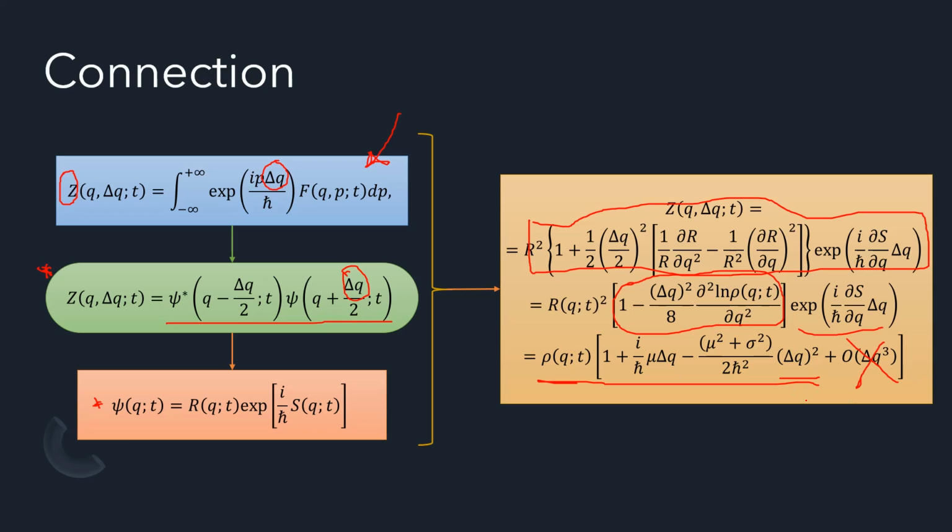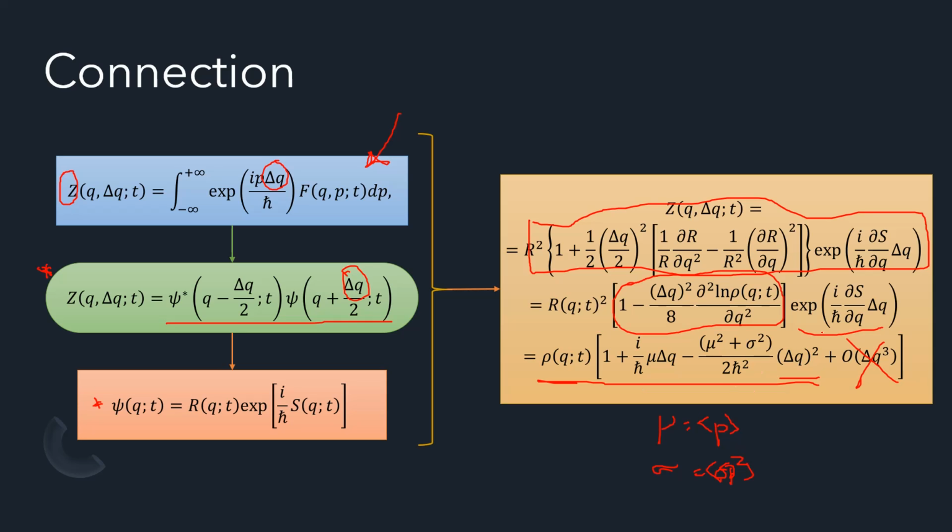So the fact is that this expression, mi, is just the average momentum, of course, in terms of x, and sigma is the delta p squared average.